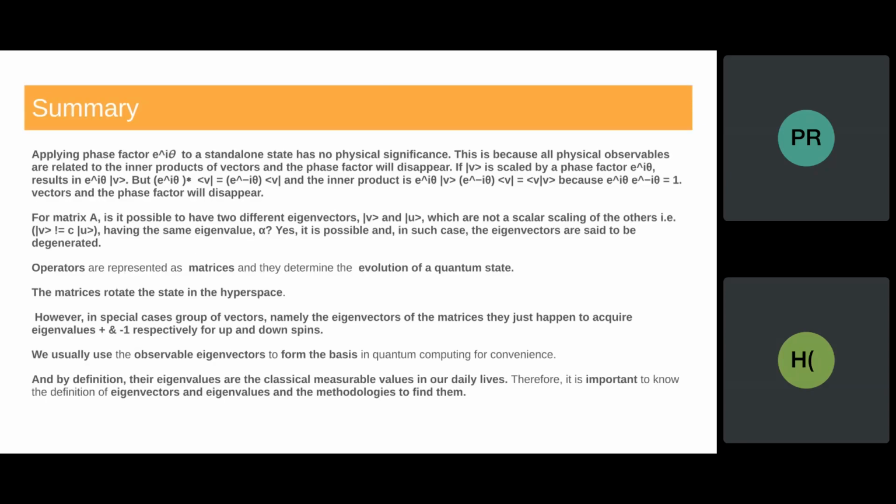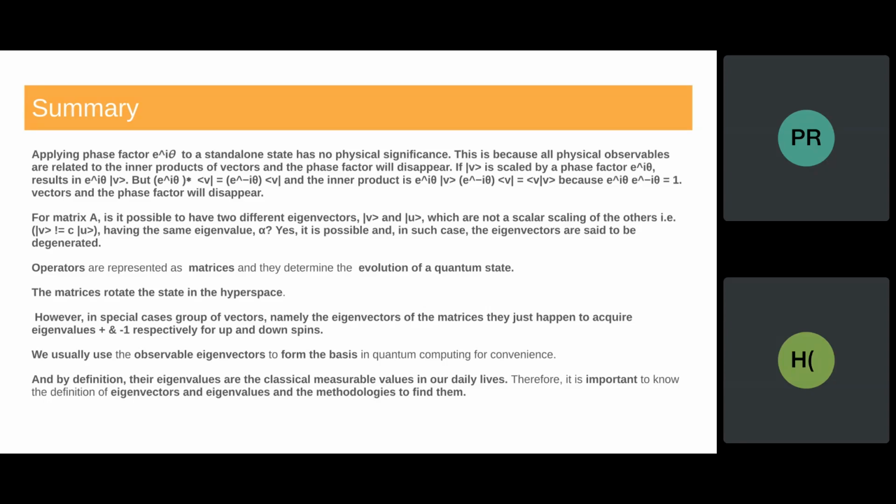At this time, I will just conclude that we can have vectors v and u, and if v and u are not similar, then it's not a scalar multiplication of u, that means the scalar is not the factor between v and u.